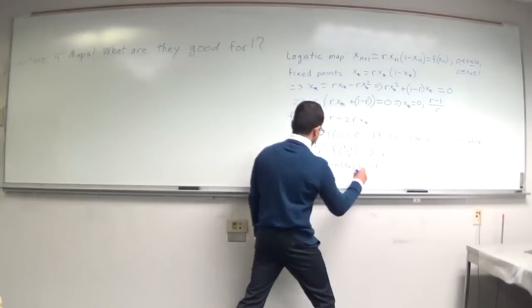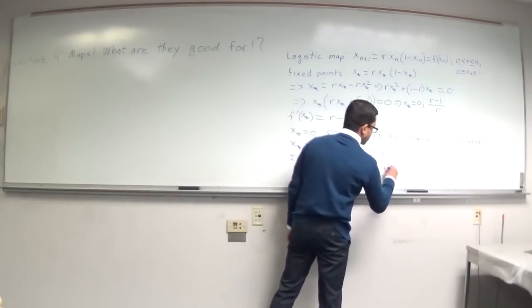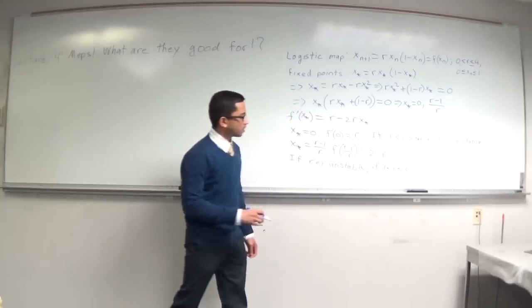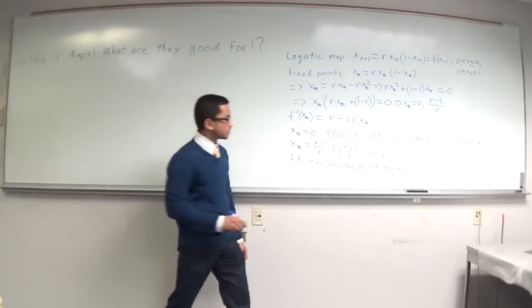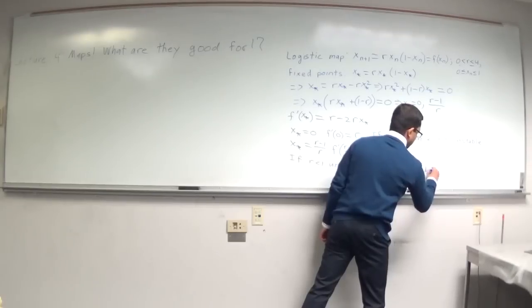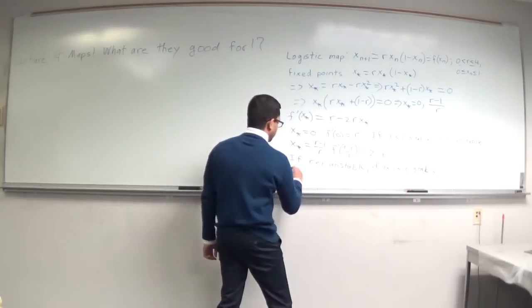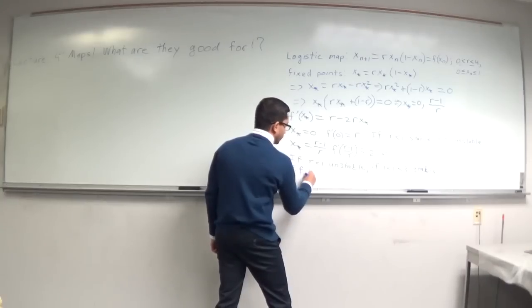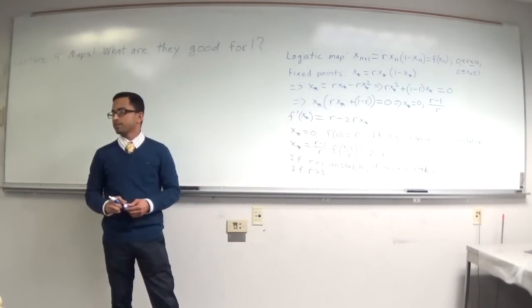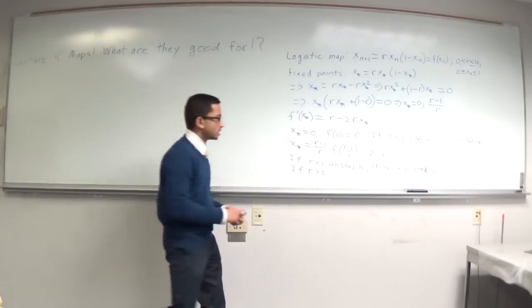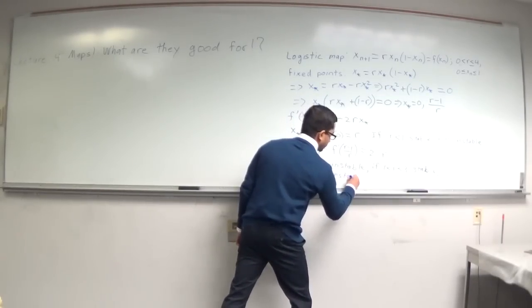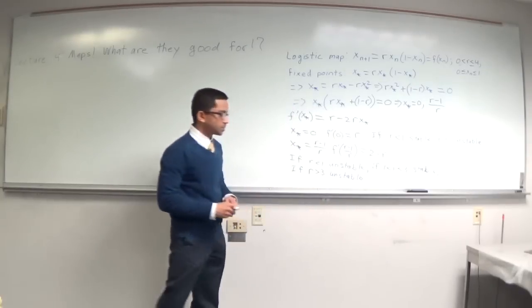Now we can think about between 1 and 3. What is it there? Stable. So it's going to be stable. And then how about if R is greater than 3? Unstable. So it's going to be unstable again, right? So we have these cases.